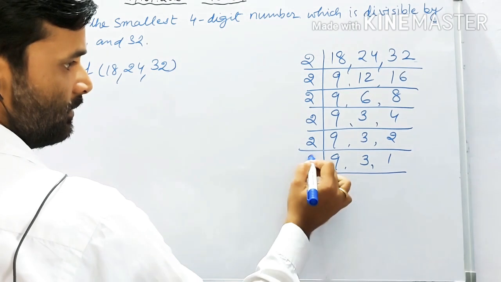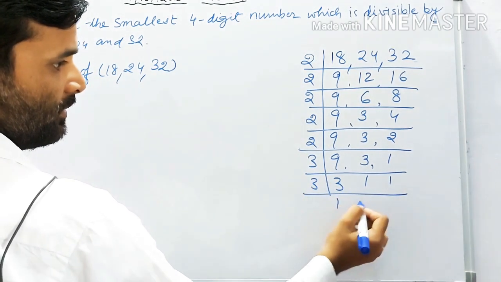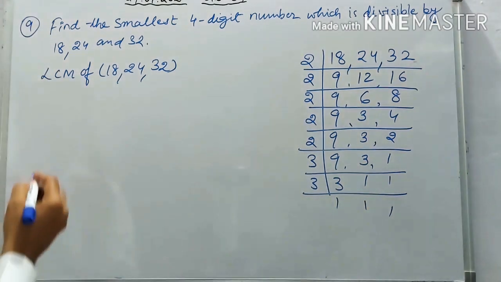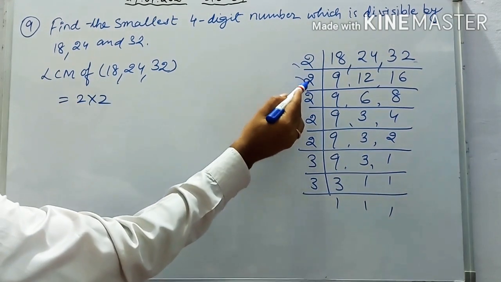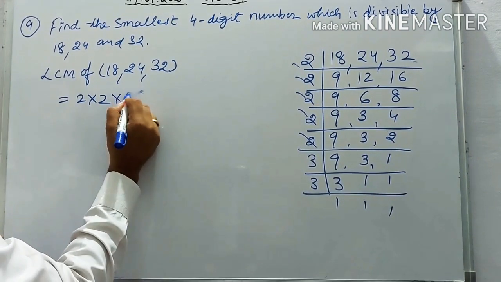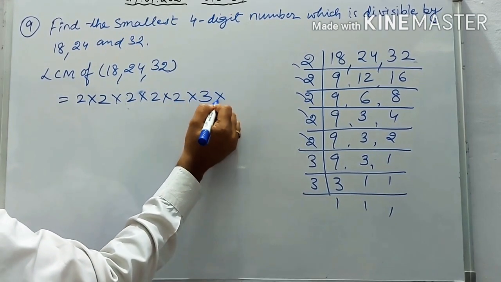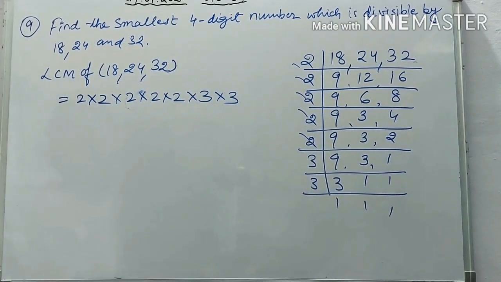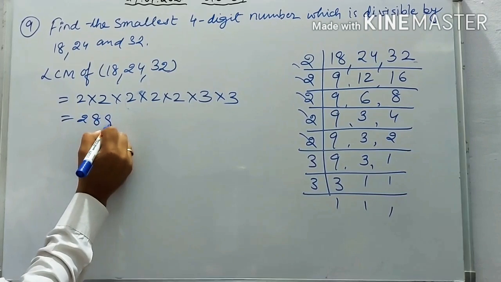Next 3: 3 threes are 9, 3 ones are 1, and 3. The LCM is 2 into 2, how many times? 1, 2, 3, 4, 5 times, and 3 times 3 is 9. After multiplication the number comes to 288.